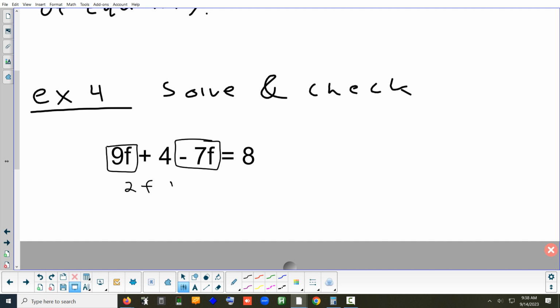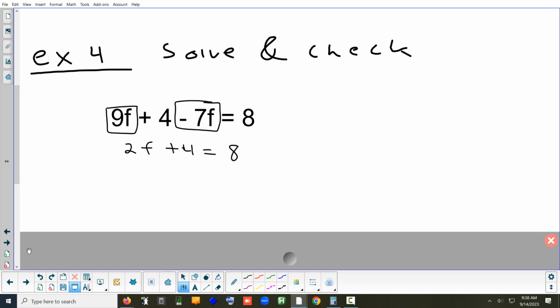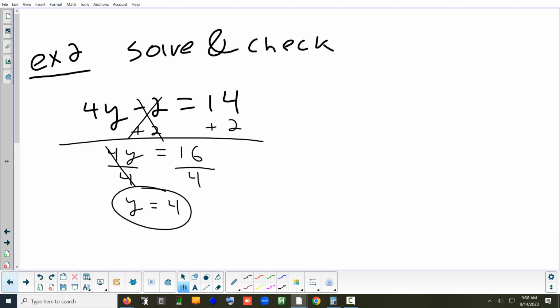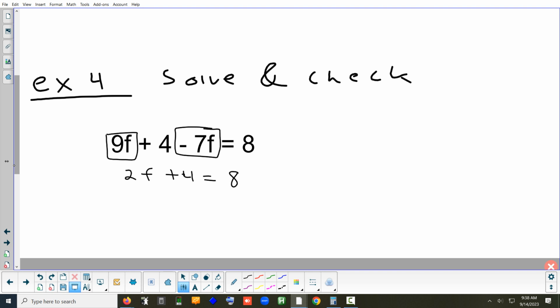The plus 4. And on the right? 8. Okay. So now we've turned it into a problem kind of like the last one. You have a number with a letter, a number, and then a number on the other side.